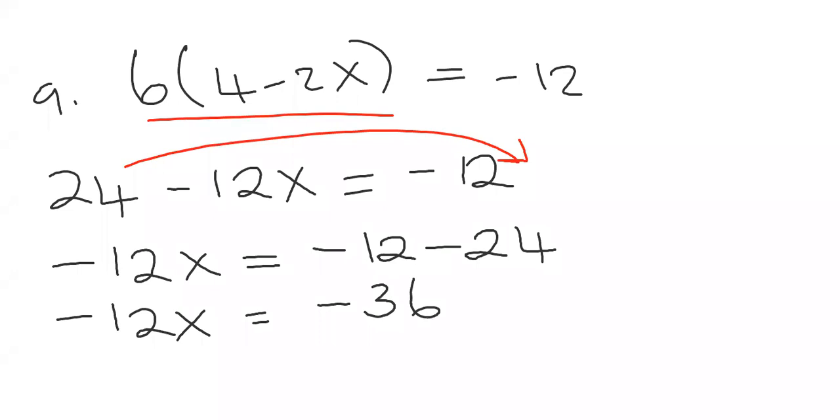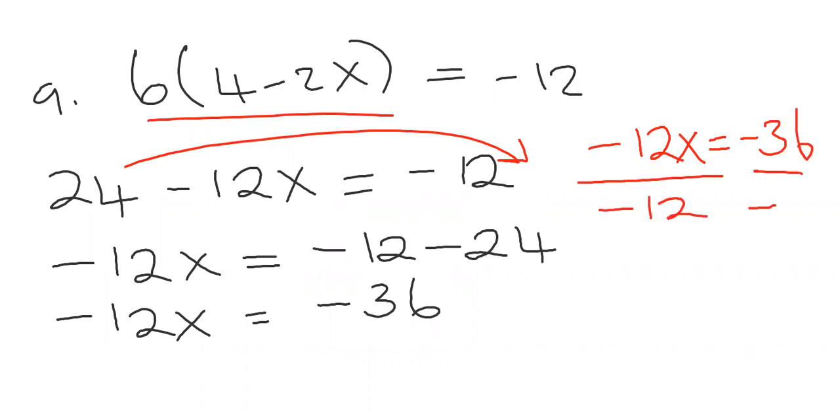Remember, we are looking for the value of x. So we have to take our negative 12x, which is equal to negative 36, and divide everything by negative 12. We are dividing everything by negative 12 because negative 12 is the coefficient of x, the thing we are looking for.